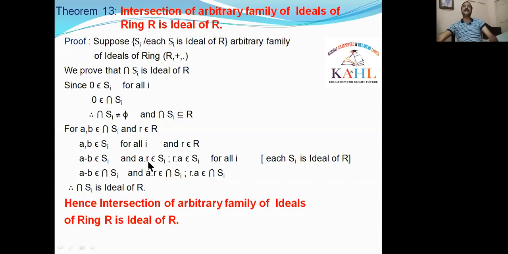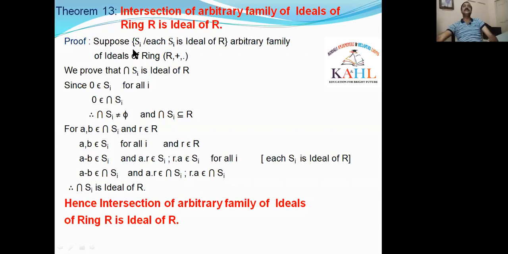Also a dot r belongs to each Si means a dot r belongs to the intersection of Si. And r dot a belongs to each Si means r dot a belongs to the intersection of Si. That means a minus b, a dot r, r dot a are all in the intersection of Si. That means the intersection of Si is an ideal of R.